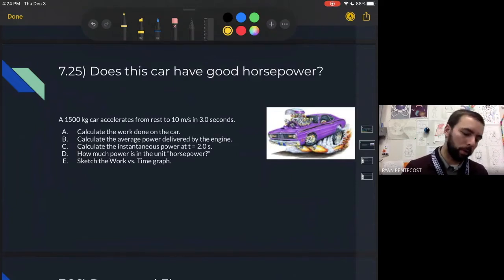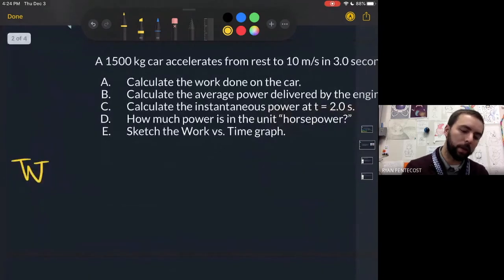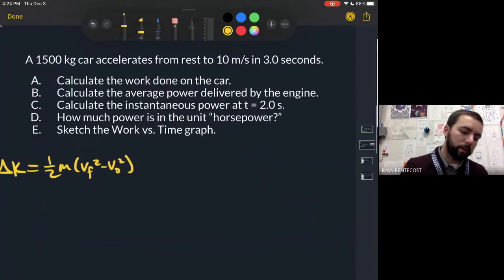So if we want the work, we will use the work-kinetic energy theorem because we have a change in velocity there. So work will be delta K, which is 1/2 m times (v final squared minus v naught squared). So that is 1/2 times 1,500 times our v final, 10 squared.